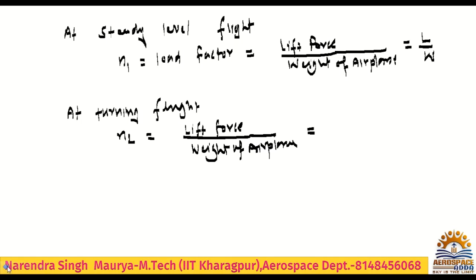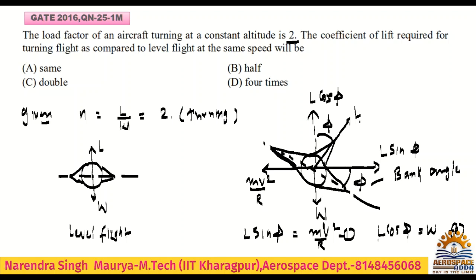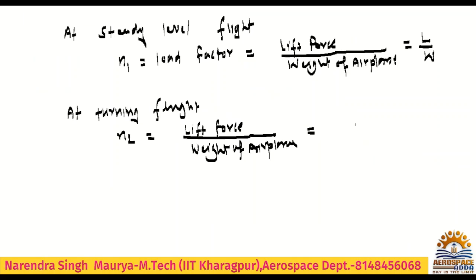The lift force here is L by W. If you calculate, lift is equal to W by cos phi, so N2 is W by cos phi divided by W. Cancel out, it is 1 upon cos phi.